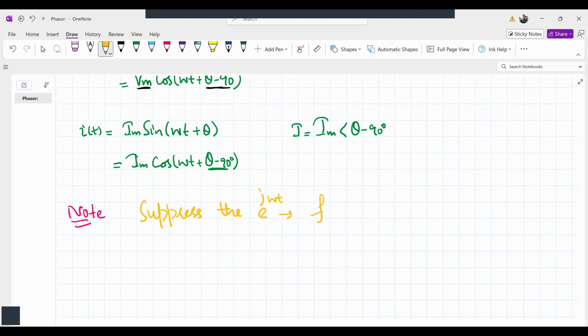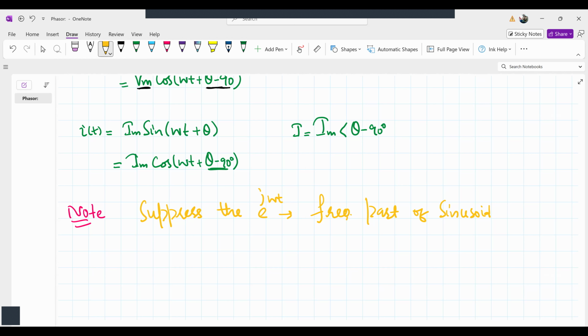Or we can say we drop the frequency part of the sinusoid. In modeling these sinusoids in terms of complex numbers, we simply drop the frequency. That's how we represent this.